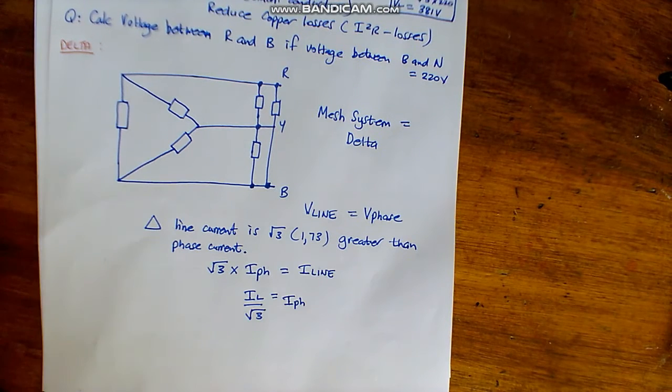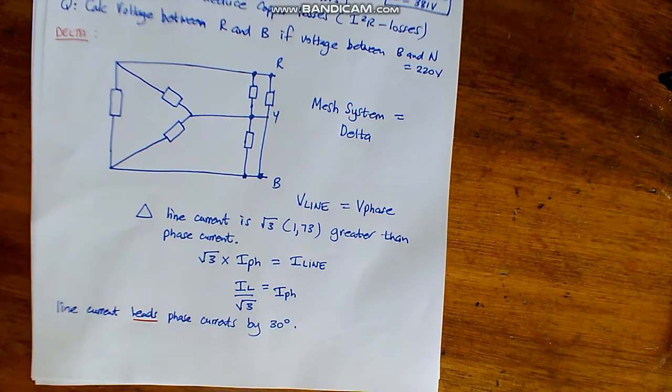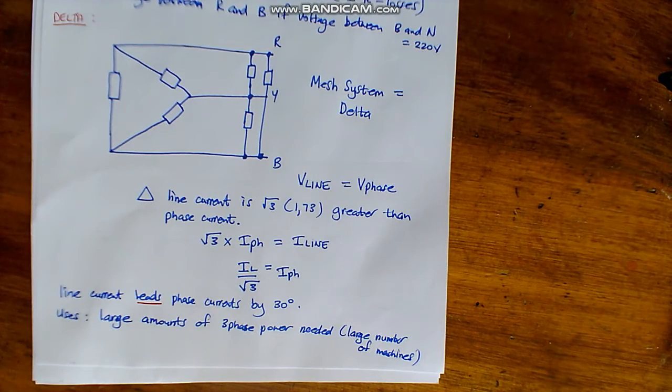Line current is root 3 greater than the phase current. And root 3 times I phase is equal to I line. I line over root 3 is equal to I phase. The use: large amounts of three-phase power are needed in big companies, so it's used where higher currents are required.